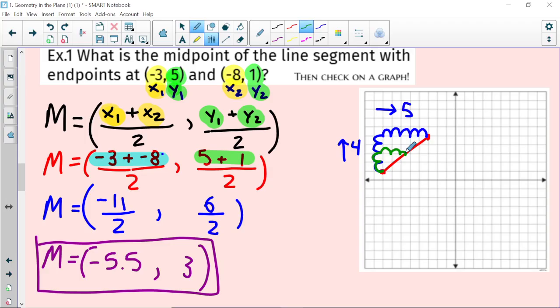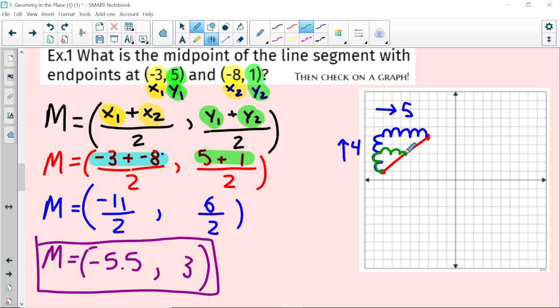And if we check out the exact coordinates of that midpoint we found by doing the slope, it looks like we are to the left 1, 2, 3, 4, 5 and a half. Up 1, 2, 3.